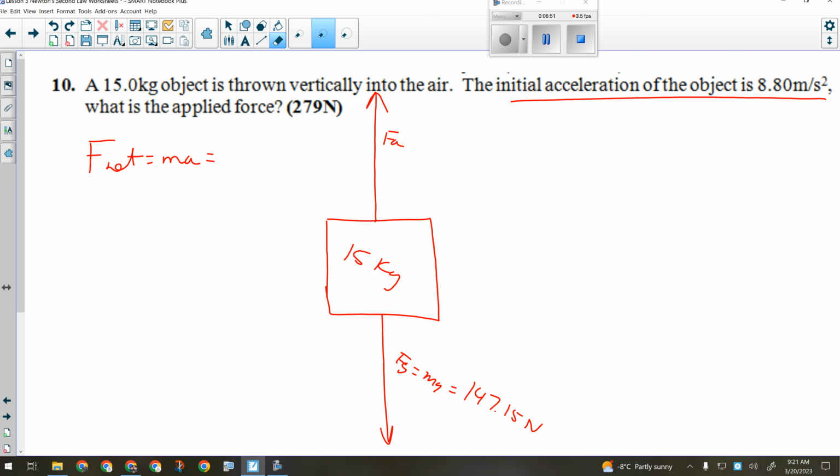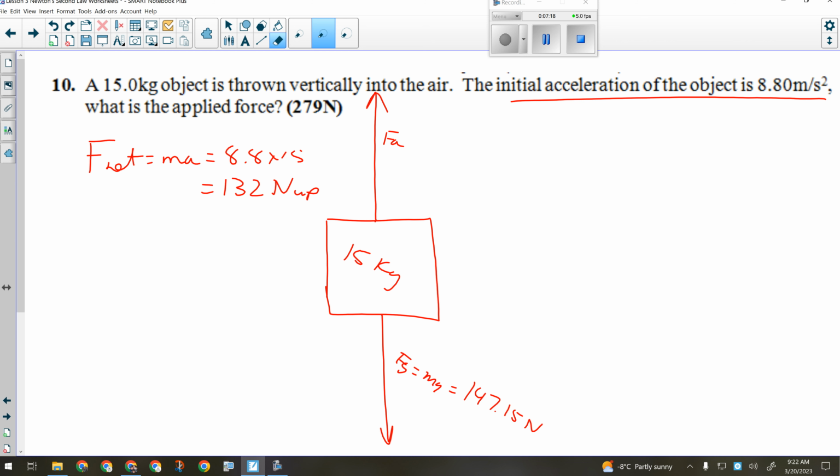I'm going to go 8.80 times 15, and that's going to give me 132, right? Yep. Newtons. And that's up because it does say the acceleration is up. Because it says it's thrown vertically into the air. I've never thrown something vertically into the air by throwing it down. It doesn't outright say up, but it's kind of implied.